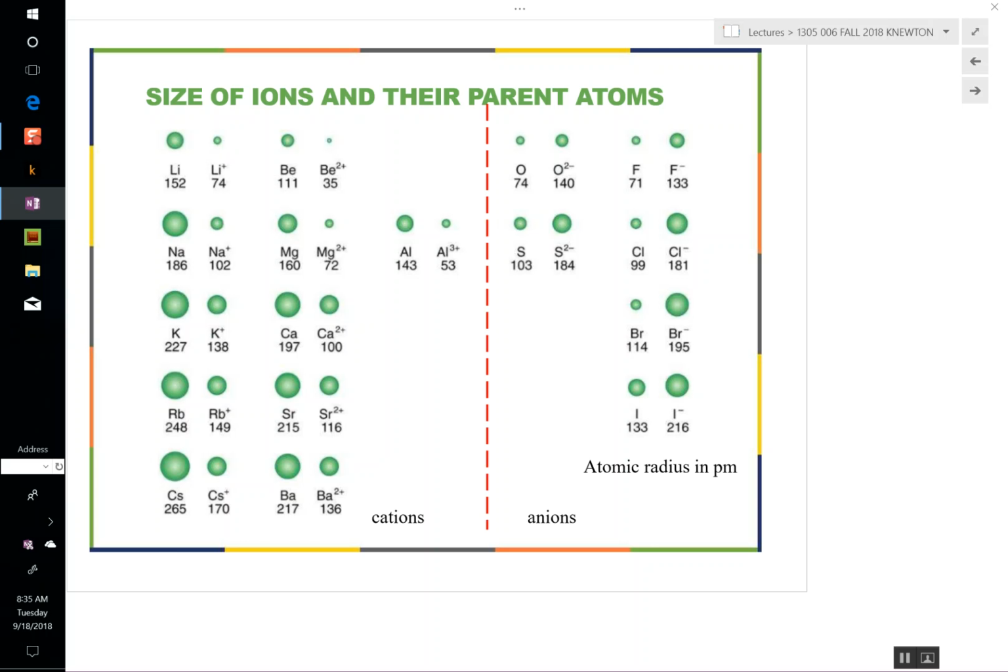With argon. So the anion is larger than the atom it was formed from. Always. And that's all I expect you to grasp in anions and cations. Just compare the ion to the atom it came from. Smaller for cations, larger for anions.